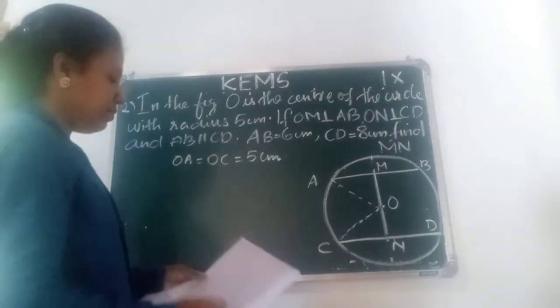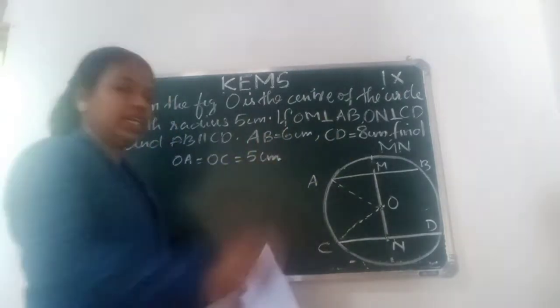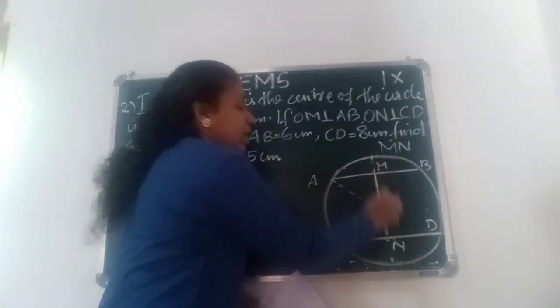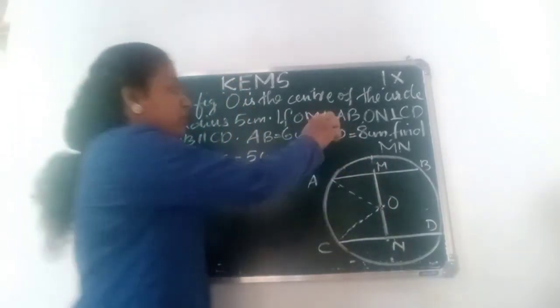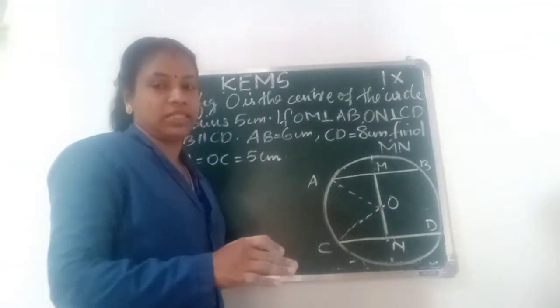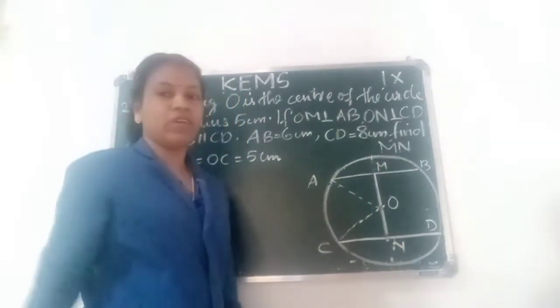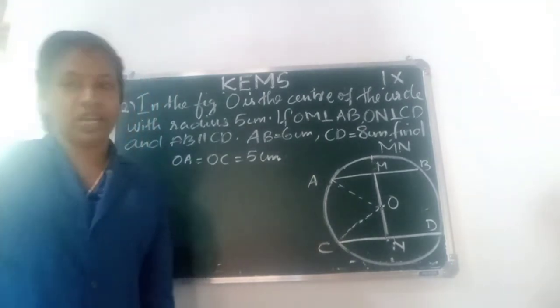Now M and N are midpoints. Perpendicular means it divides. M is the midpoint of AB and N is the midpoint of CD, which means it divides the chord into equal lengths.